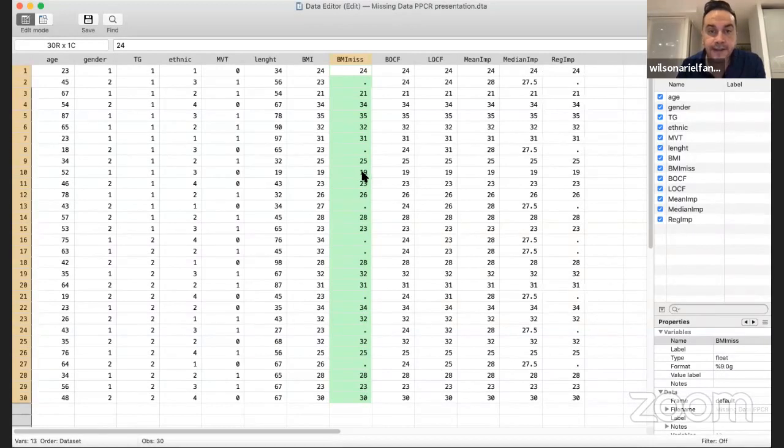I think the less number was here, 19. From this example, so let's go with 19. So just replacing this with 19, okay? Because this is the baseline observation carry forward. So let's say this is 19.